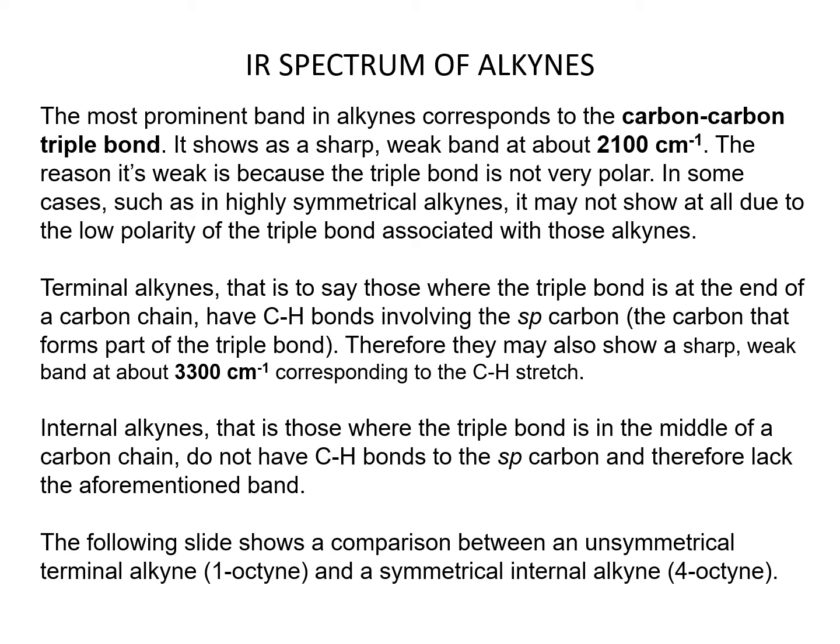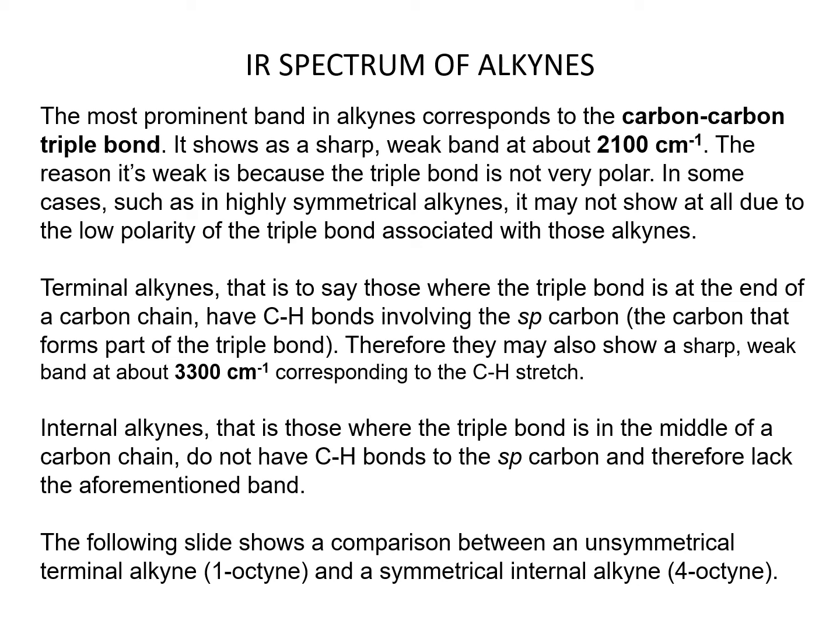So the 3,300 is going to be a CH stretch associated with a triple bond, or an alkyne. A little less than 3,000 is carbon-hydrogen alkane. A little bit over 3,000 is carbon-hydrogen alkene. And then 3,300, so a little higher, corresponds to the carbon-hydrogen stretch for alkynes, the triple bonds.